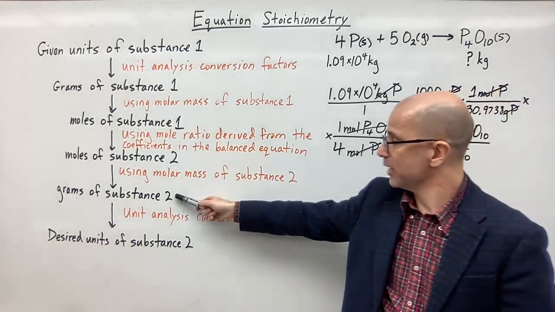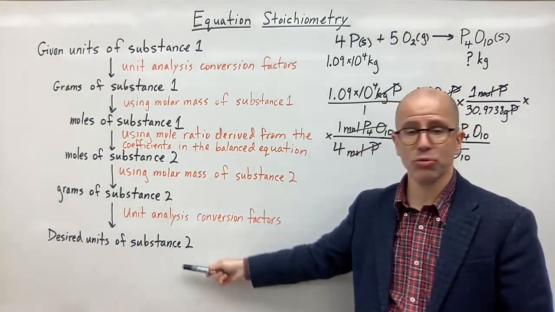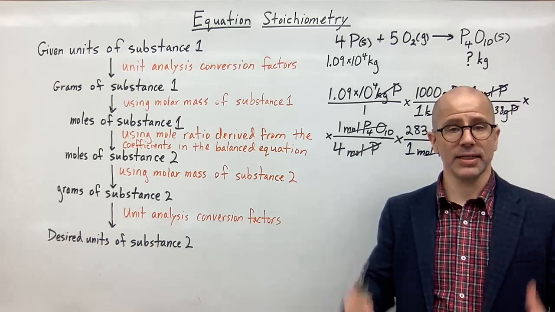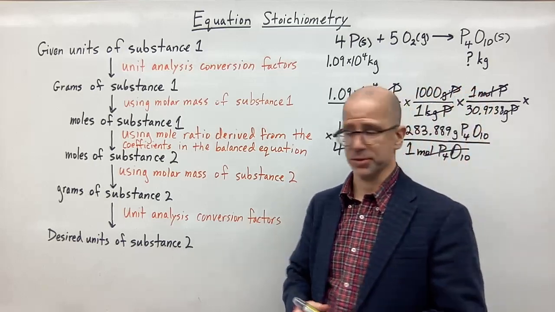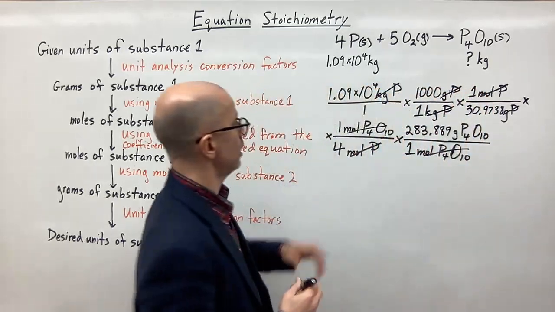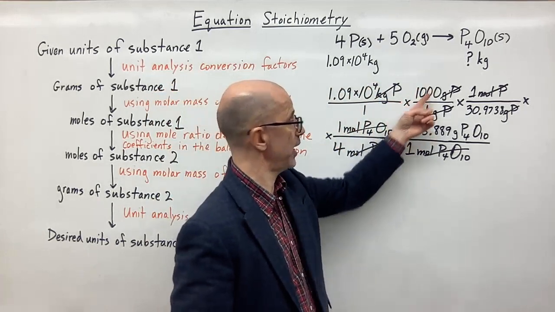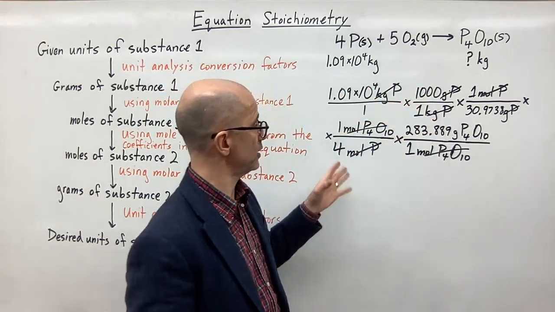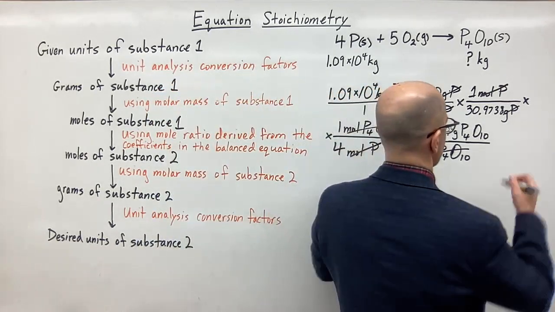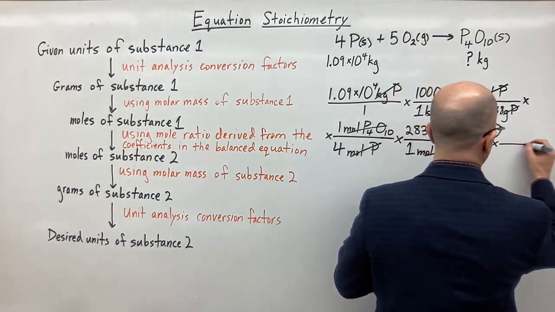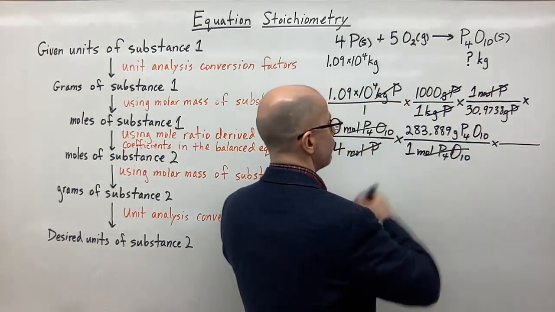And now my final step is to convert from grams to whatever the desired unit is. In this case, kilograms. So basically I'm going to use this relationship again to convert from this time grams to kilograms. And so I have grams on the bottom.